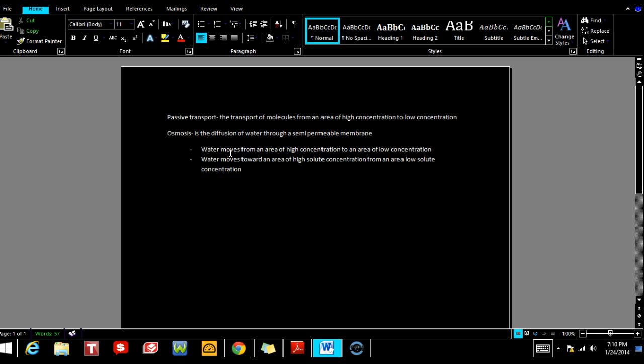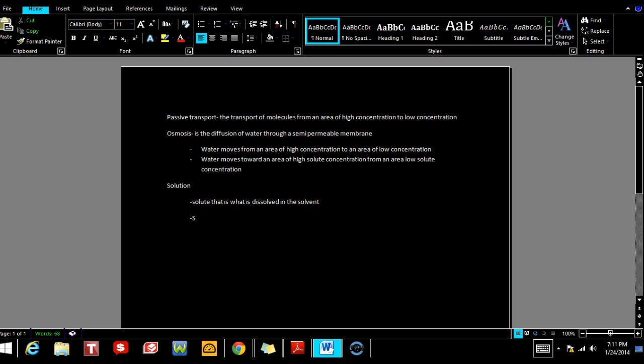Now, if solute is kind of confusing you, there are two components in a solution. One is the solute, and that is what is dissolved in the solvent.